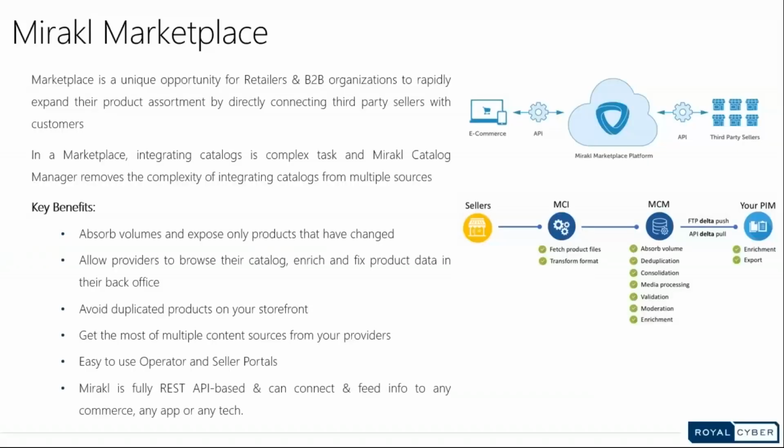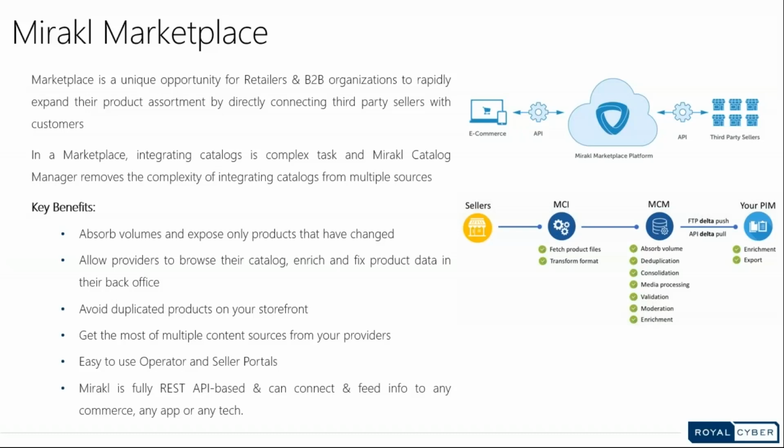We have developed a couple of add-ons at Royal Cyber, and I will walk you through one of them. So Mirakl is there. Mirakl is a marketplace that provides a unique opportunity for retailers and B2B organizations to rapidly expand their product range by directly connecting third-party sellers with customers.